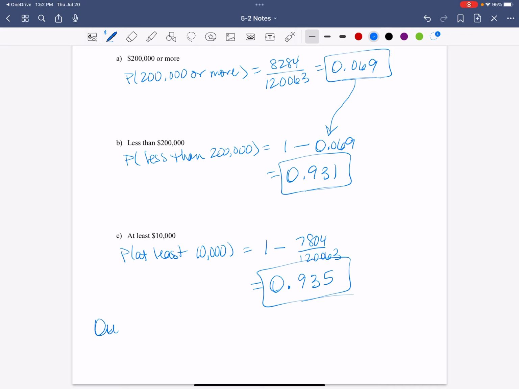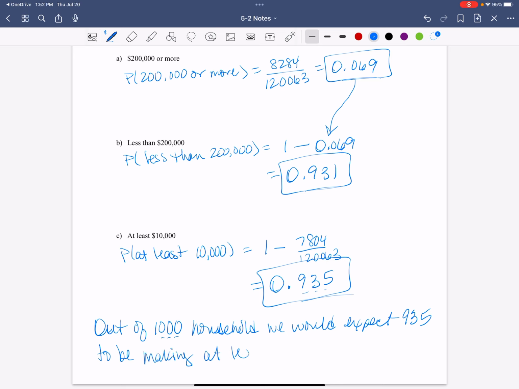I'm going to write it out just so that we have it. Out of 1,000 households, we would expect 935 to be making at least 10 grand or more as a household income.